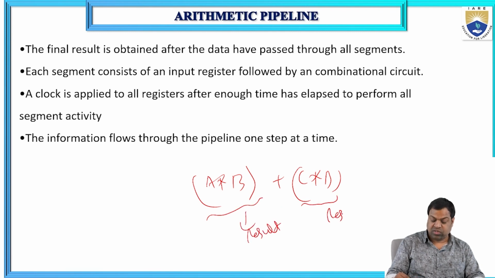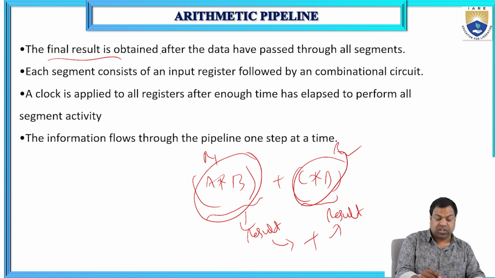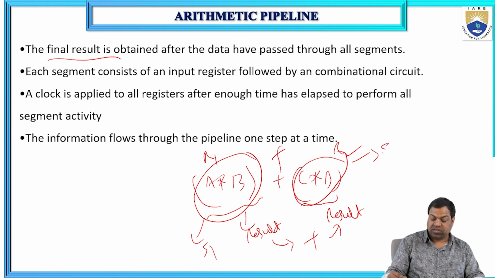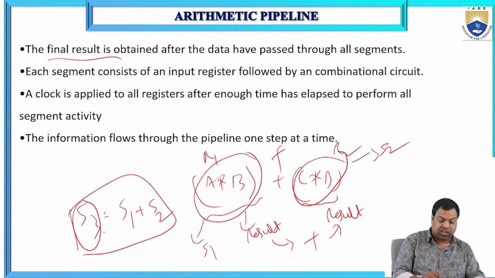What is the result of C into D? This result plus this result. I am taking the first as R1 and the second as R2. So, what is the final result? R1 plus R2. Segment 1 plus segment 2 is called segment 3. Segment 3 equals segment 1 plus segment 2.